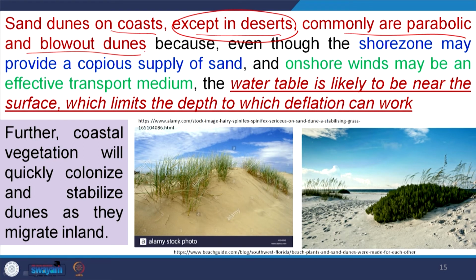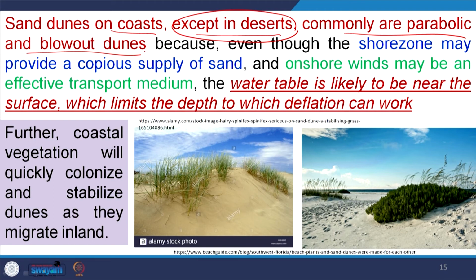Even though the shore zone may provide a copious supply of sand and onshore winds may be an effective transport medium, the water table likely plays a major role here. Once it reaches the water table, or the capillary water zone, that will give strength to the sand to stay intact in this position. So it will prevent the sand particles from moving.